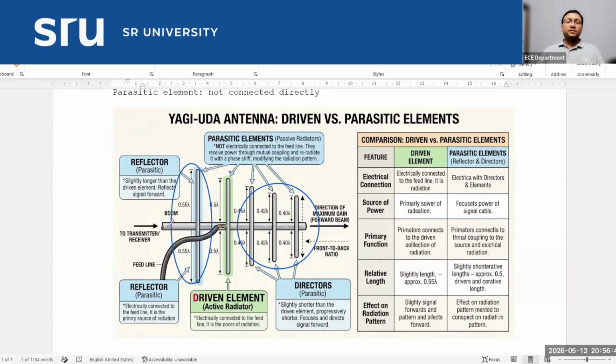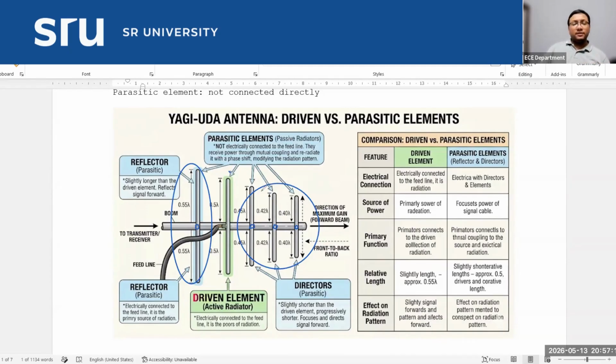If the boom is made of metal, it means that along the boom, the electric field is zero. That is why you can mount this main element or these parasitic elements at a point where the electric field is zero, so you can mount it by making it metal.